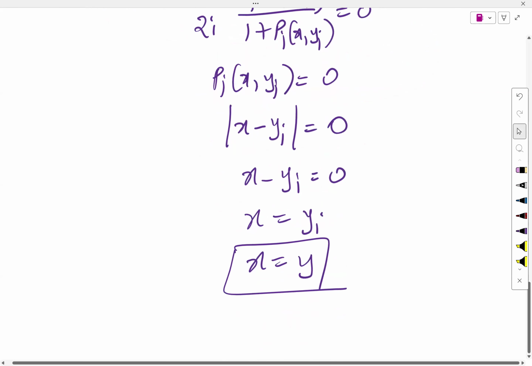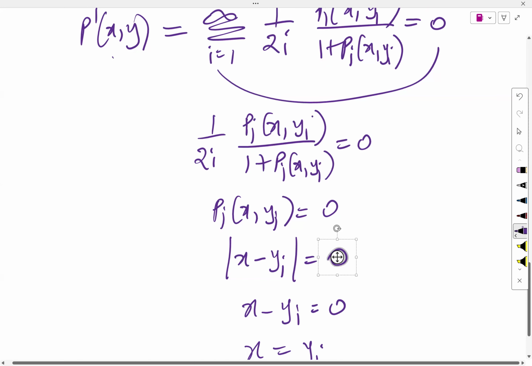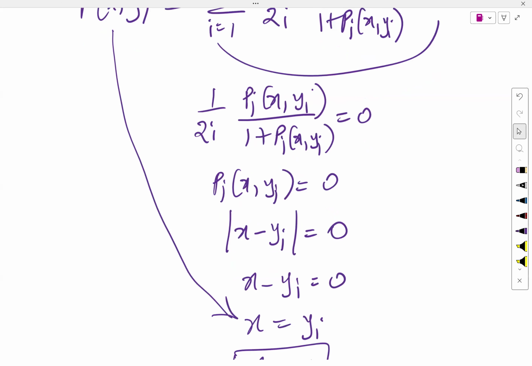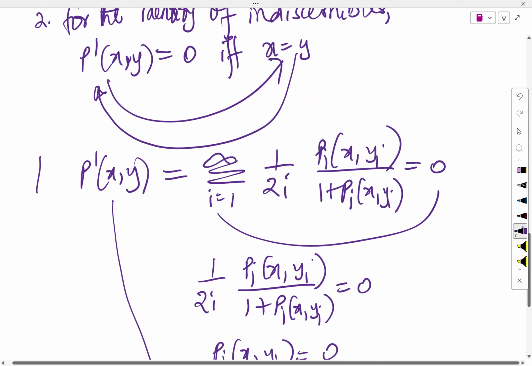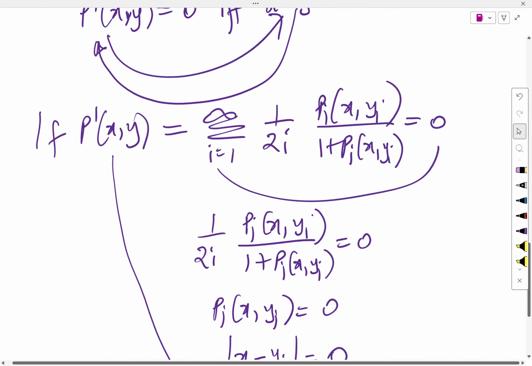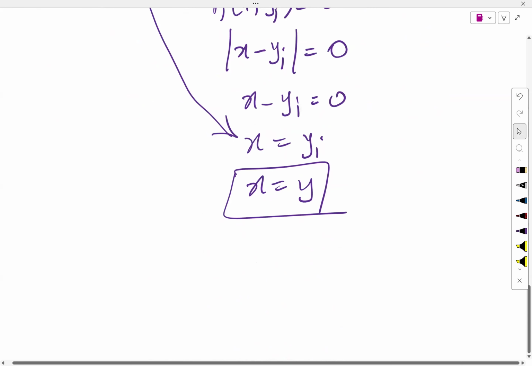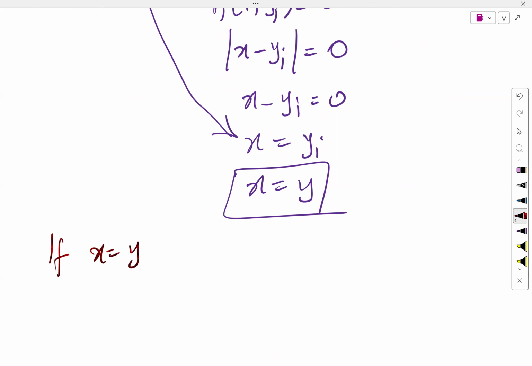Here we started from this and we ended up here. So what if you take it in the reverse? We started with p of x y equal to 0, so you just also do it in the reverse. You now say if x is equal to y, then you just walk it back, so you just go back the steps.